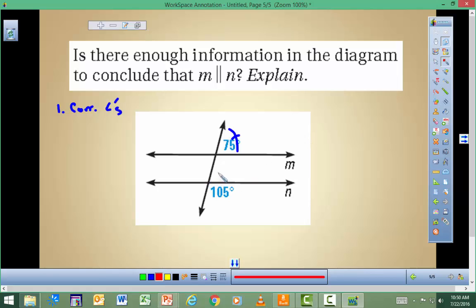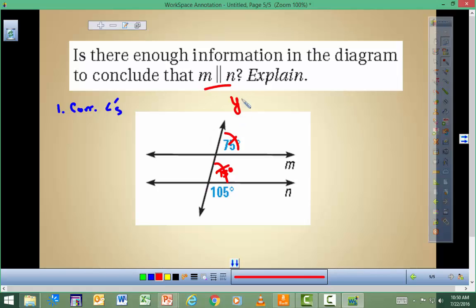I think I could do this in my head. That's 105, so this would be 75 degrees. And now that I know that's 75 degrees, this angle is indeed congruent to this angle here, because we have the linear pair to determine that.